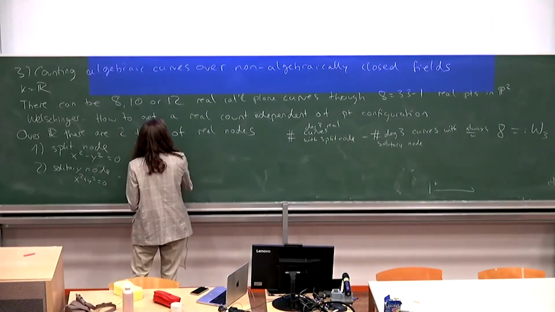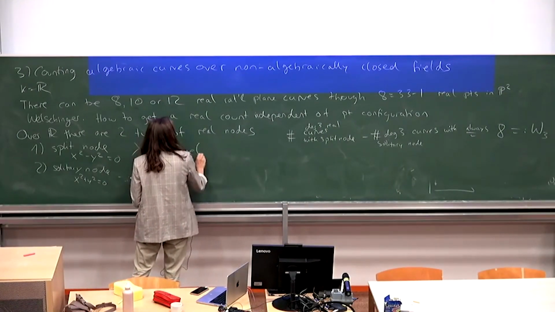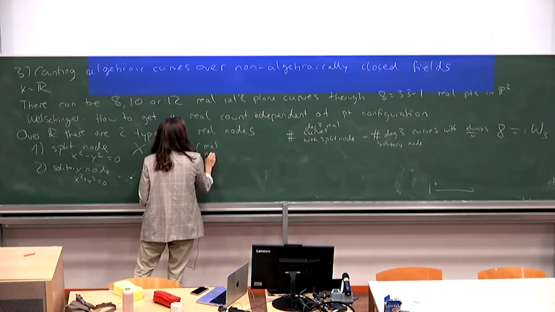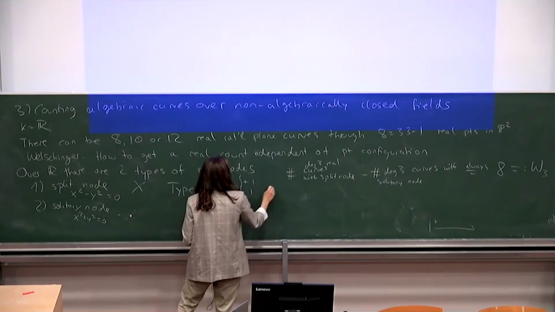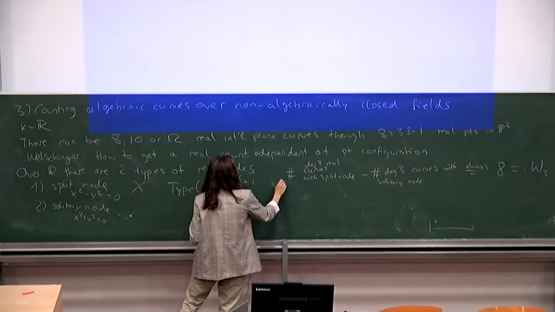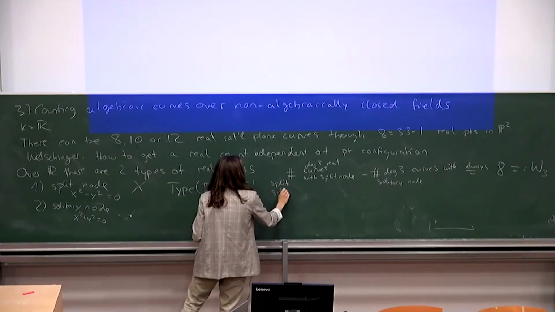More generally, one can define the type of a real node. Let's define it to be +1 in case the node is split, and -1 if it's solitary.